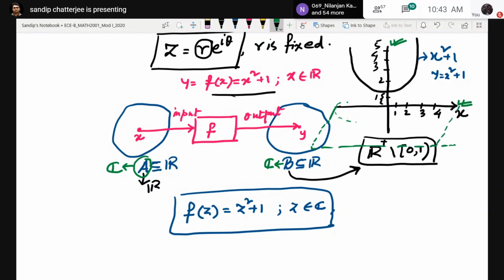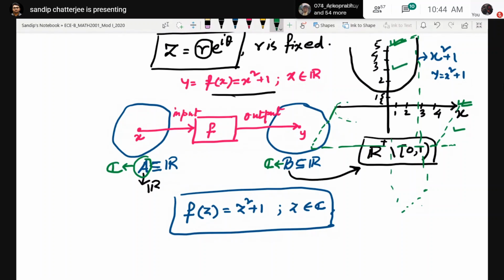Clear? The domain. And the range also needs to be replaced by a plane. This vertical line also needs to be replaced by a plane. So as a result, my axis system will become two-dimensional for this domain, two-dimensional for this codomain.